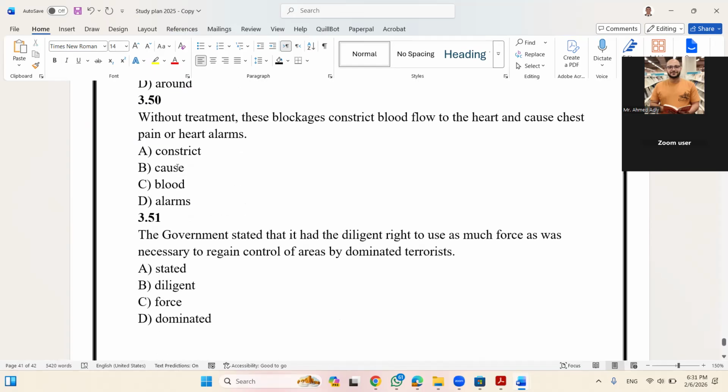Next. Without treatment, these blockages constricted blood flow to the heart and caused chest pain or heart alarms.